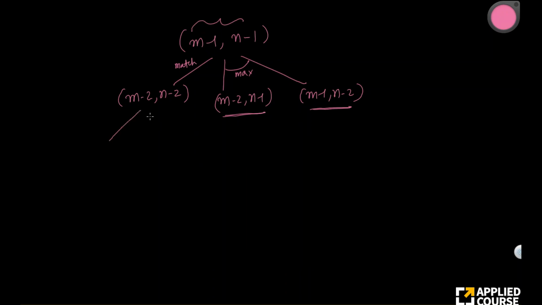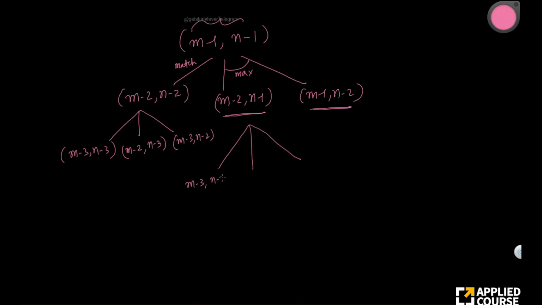Now I can break this further. This will be broken further into M minus 3, N minus 3, or it will be broken up into M minus 2 and N minus 3. Reduce this by 1, then reduce this by 1. Now again, this will be broken up into 3 problems. It will either be M minus 3 and N minus 2.